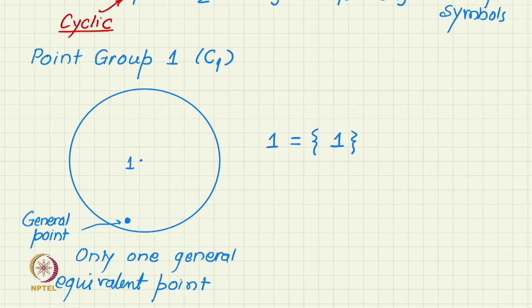So, there is a little bit of ambiguity here and one has to be careful, but with a little practice you will be able to familiarize yourself with this different use of the same numbers. Here, when I am writing simply 1, I am using it to represent the group, the point group 1, and when I am writing this 1 under curly brackets, this is the identity operation.